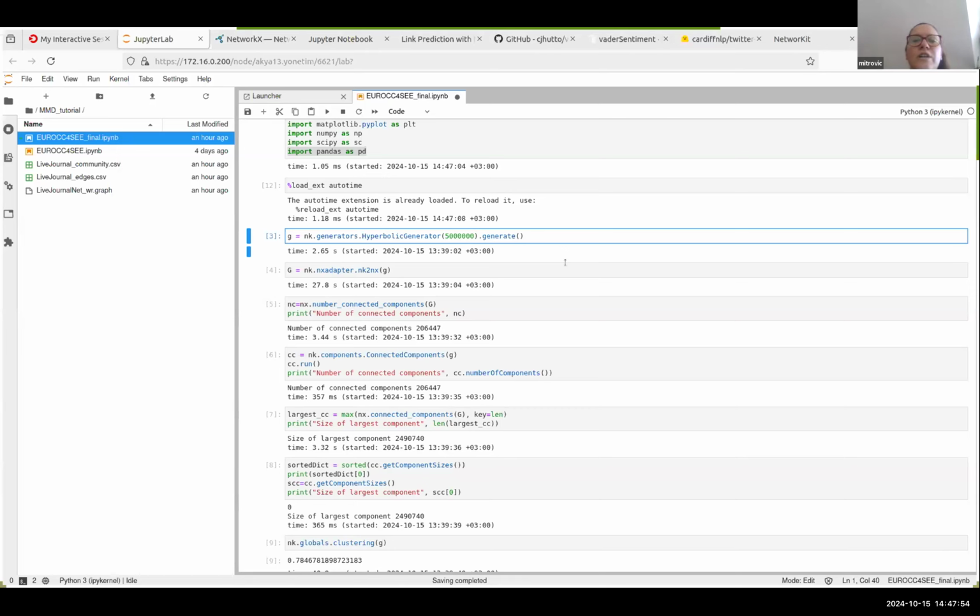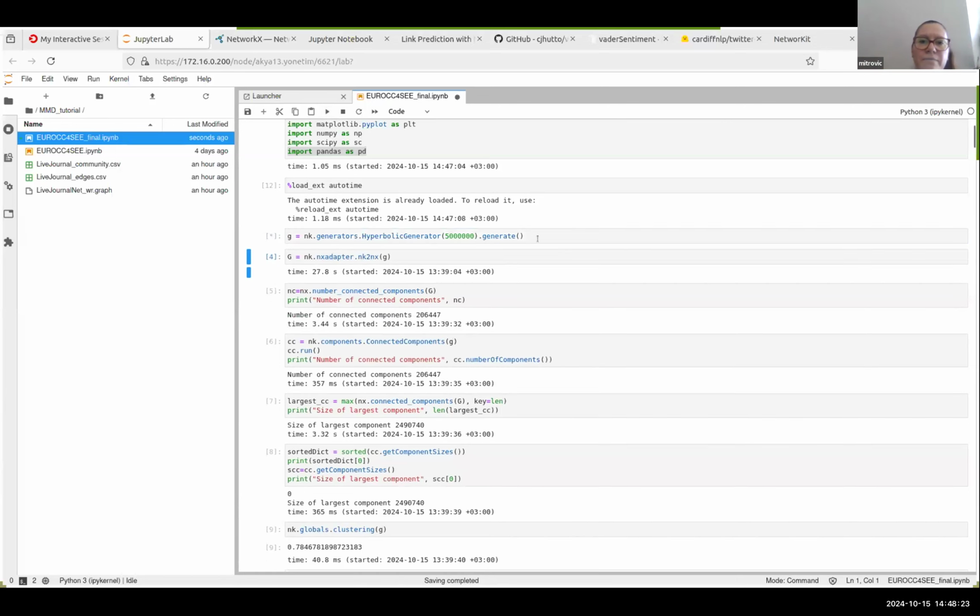It's quite a large graph, because we usually deal with much smaller graphs because of the running time, so that we can easily analyze them. But with NetworkKit, these limits are much broader. So we are going to generate this graph.